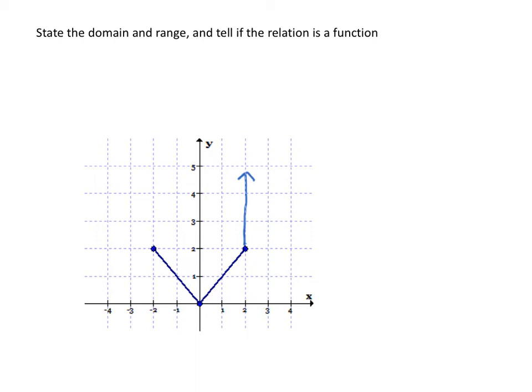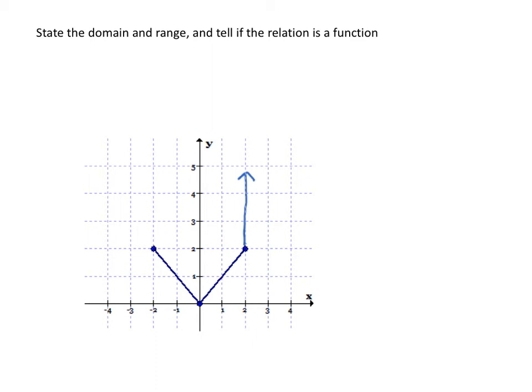Here we're given a graph. State the domain, state the range, tell if it's a function. Well, the input values start here at -2. And this connecting line means that it's all the values between -2 and 0, and from 0 to +2. And then as we move up, this x value is still +2.